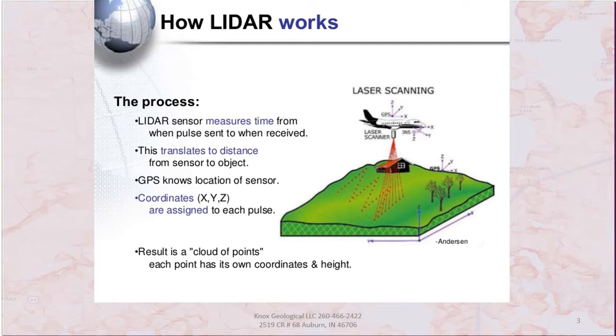The results are a point cloud, and each point has its own coordinate and height. From that, we can learn things. Digital elevation models, slope angle models, flow accumulation models, and aspect models can be made. Many things can be done with a simple point cloud.